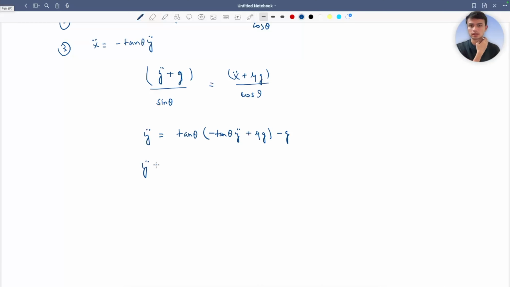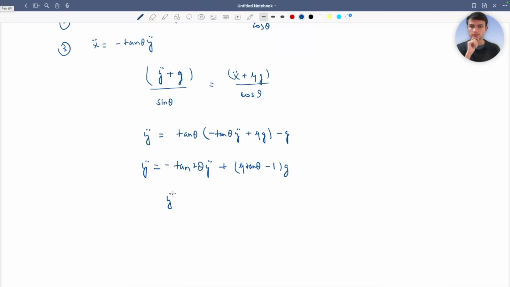So my y double dot will be minus tan square theta y double dot plus (mu tan theta minus 1) times g. Sorry, that will be mu tan theta minus 1 times g.